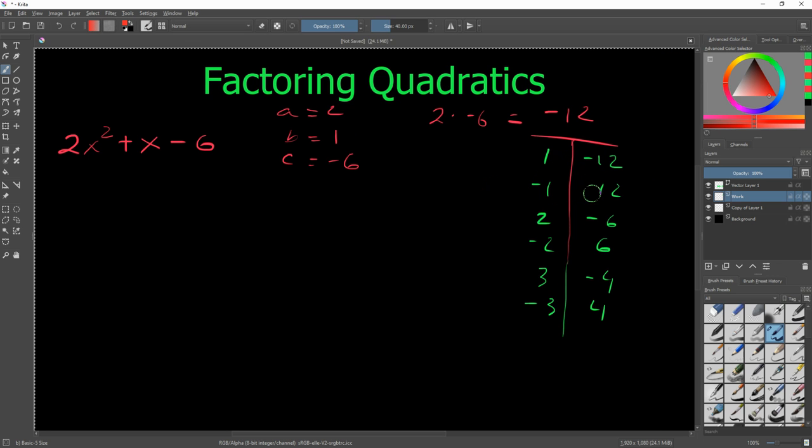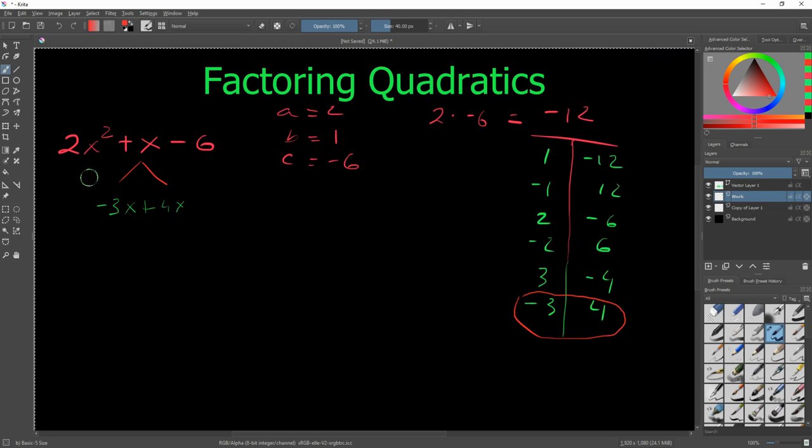These don't add up to be 1 for sure. And I go down to here, and the last one, these numbers add to be 1. So I take these, and I split the middle term into these two numbers. So instead of 1x, I have -3x and 4x, so +4x.